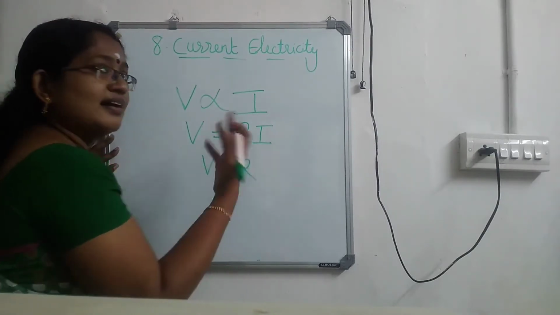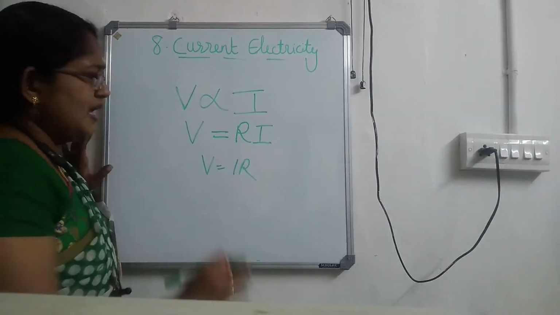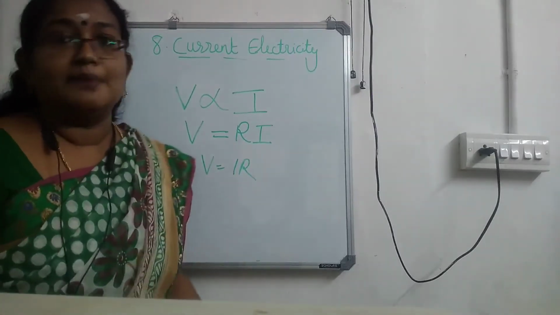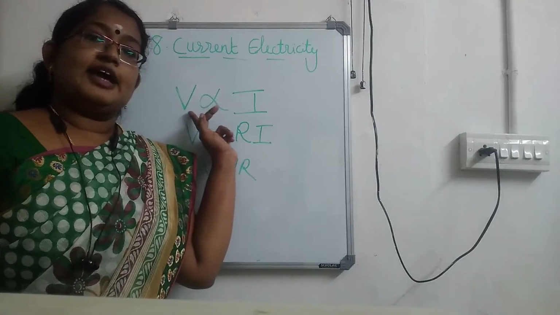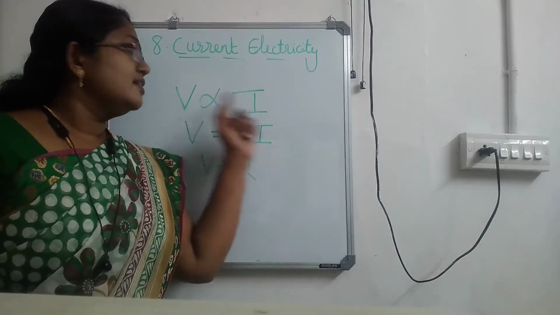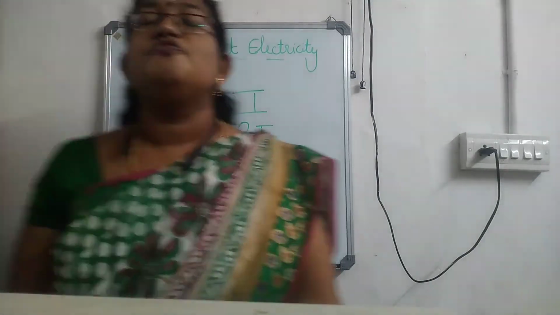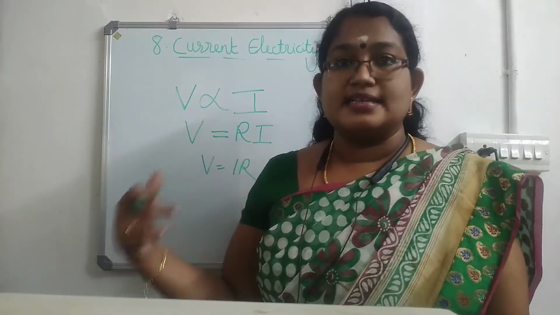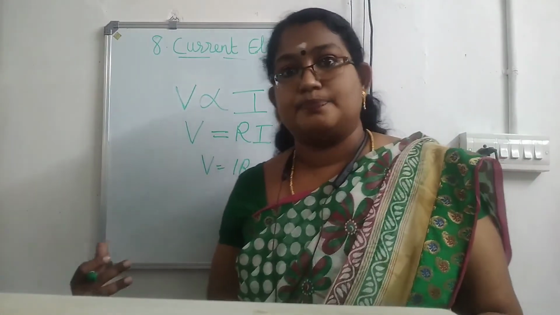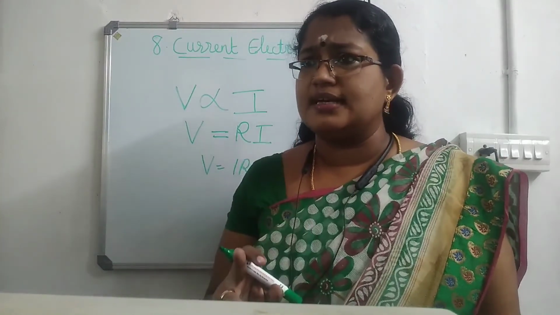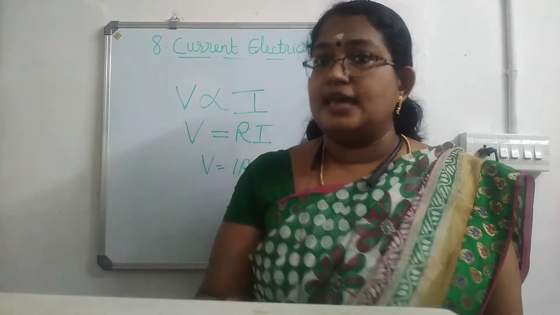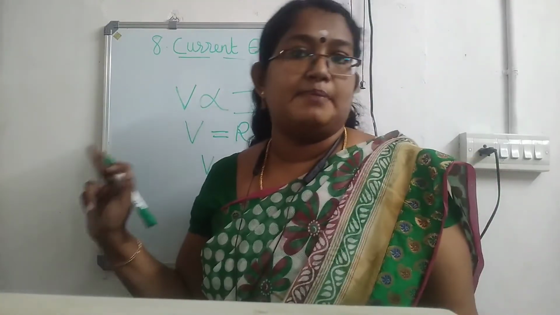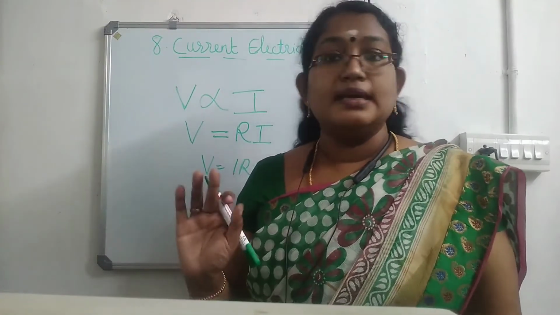Whether I write RI or IR, both are the same. According to Ohm's law, V is proportional to I, or V is equal to IR, where R is the resistance, the constant here. Is it clear about Ohm's law? When we say Ohm's law, first you have to say at constant temperature. Then only it will be correct.